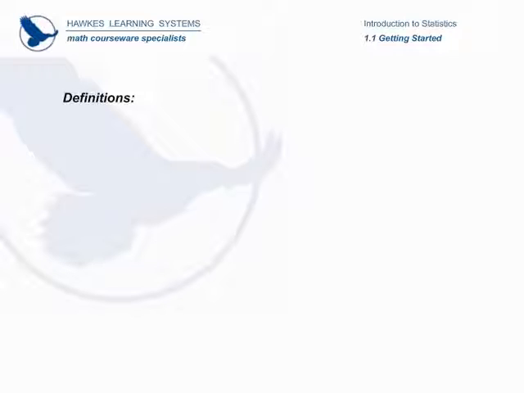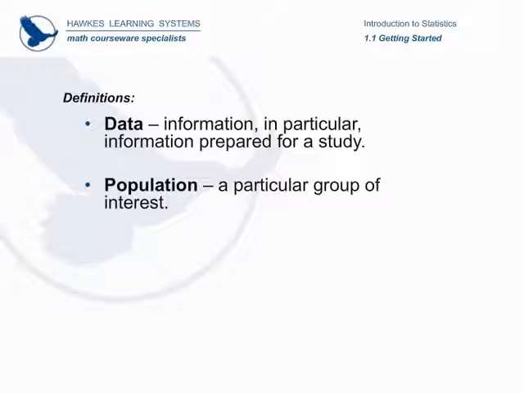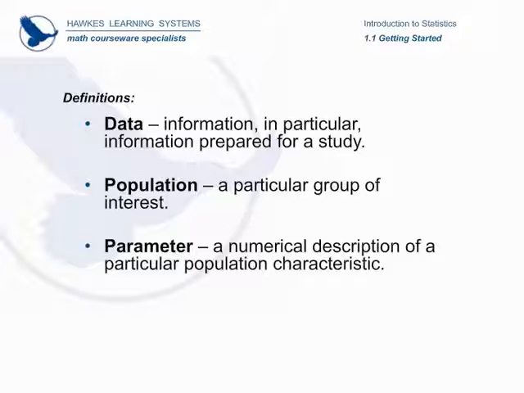Let's continue on with some additional definitions. Next, data. Data is information, in particular, information prepared for a study, a statistics study. Next, population. A population is a particular group of interest.